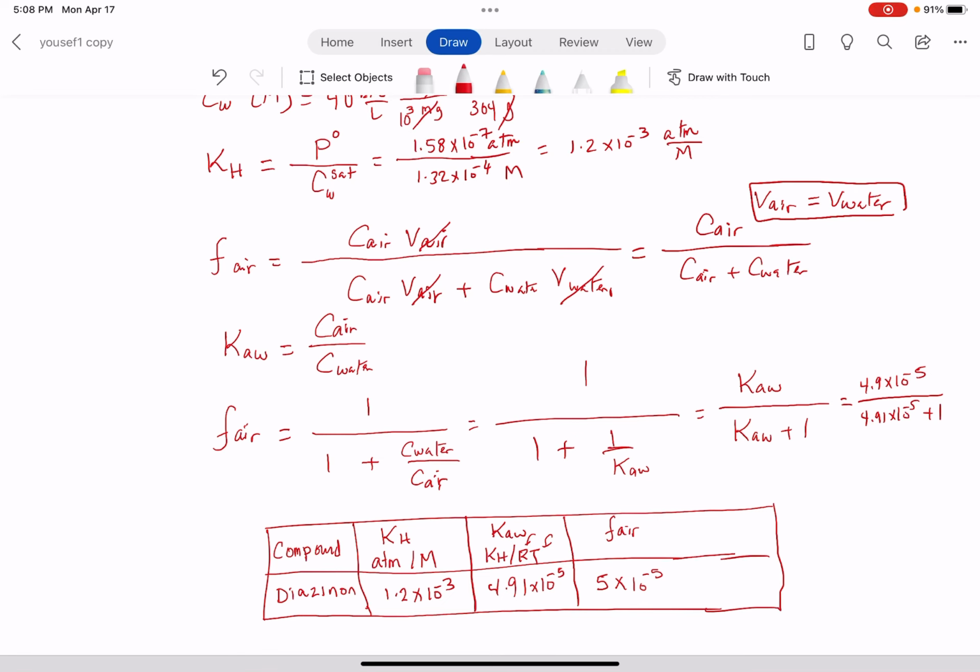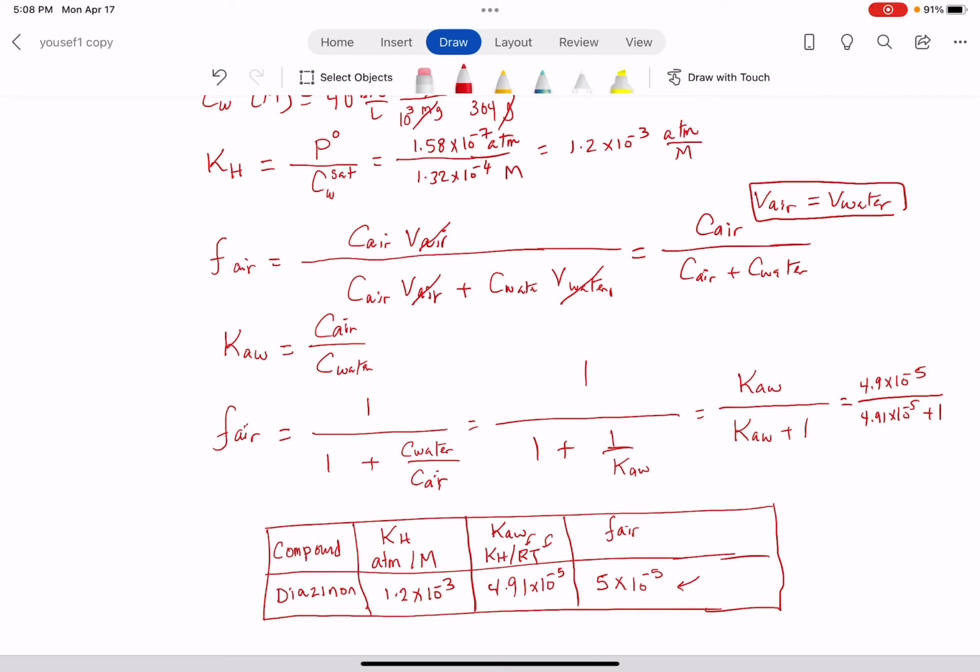From this analysis you could determine whether this chemical can easily go to the air. You can see that this will stay in the water. It will hardly be in air.